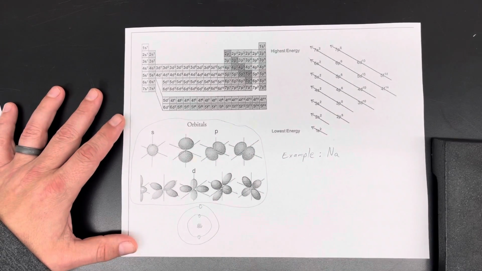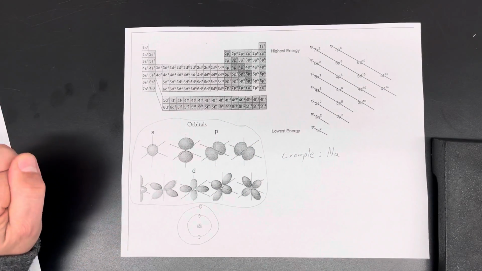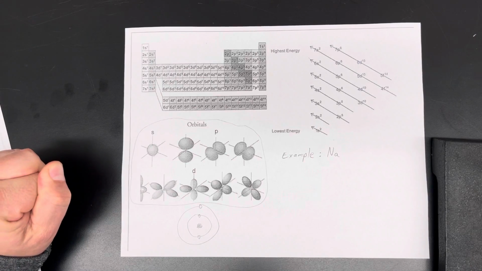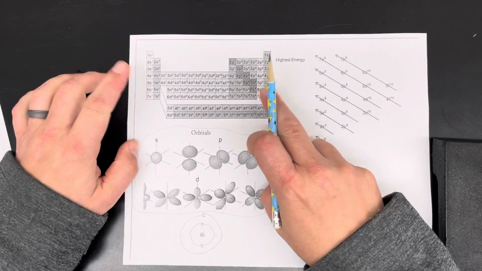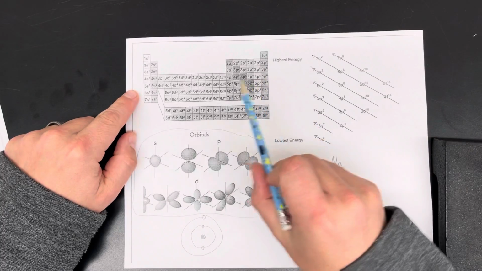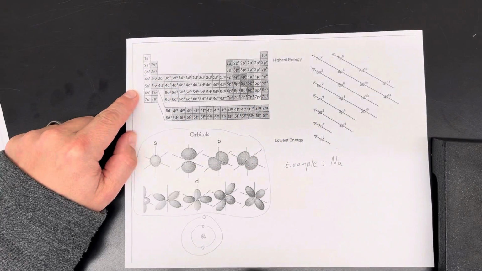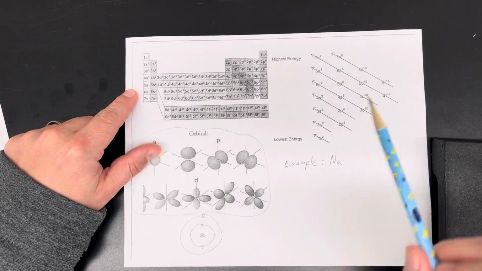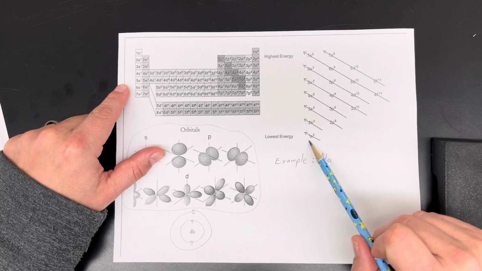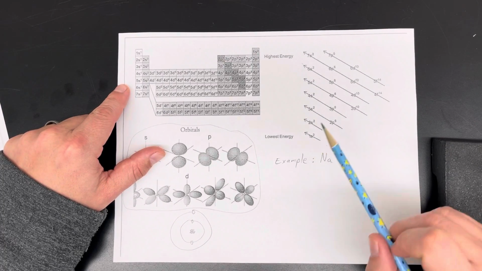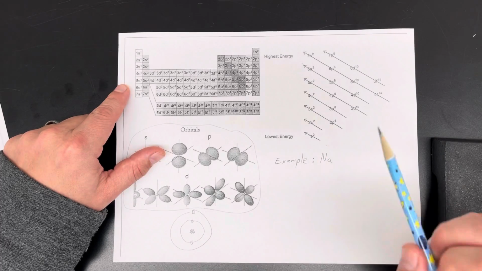But electron configuration lets us know where each electron is. So I have a periodic table up here that only has the orbital of that particular element. I have a chart here that tells us how to fill out these orbitals.